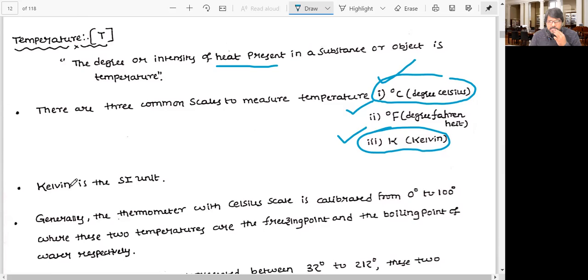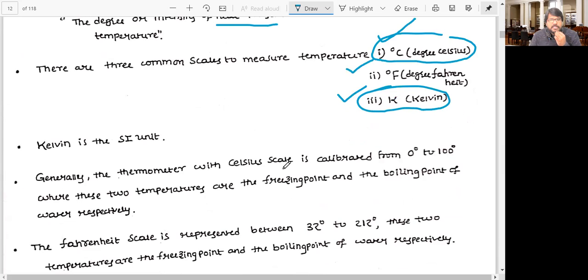Generally, a thermometer with the Celsius scale is calibrated from 0 degree centigrade to 100 degree centigrade. And what are these two temperatures? 0 degree centigrade is the freezing point, and 100 degree centigrade is the boiling point of water.